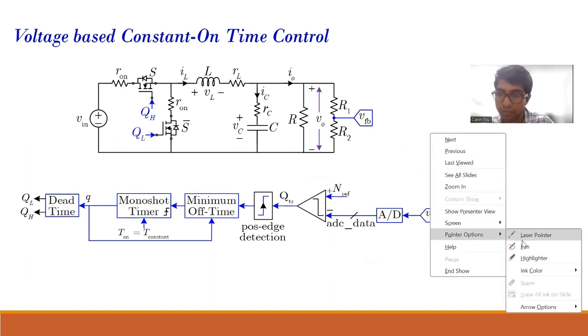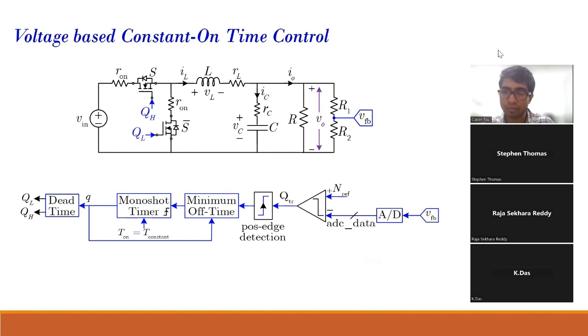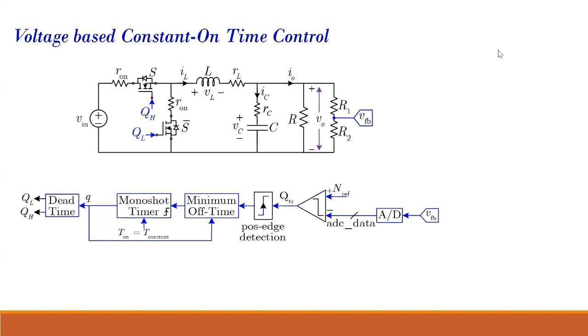Can anyone tell? On time will be constant, but the frequency will vary, this is variable frequency control. Your off time will be varied. There will be some minimum off time, based on which the pulse will be changed.